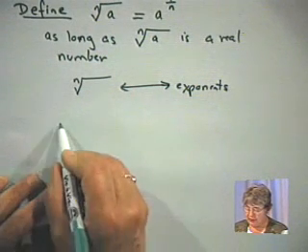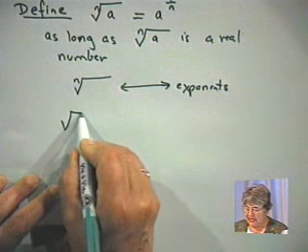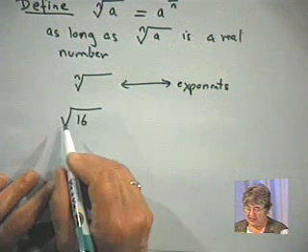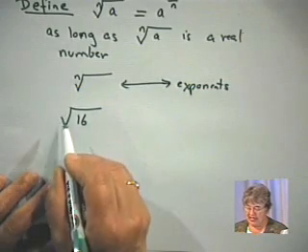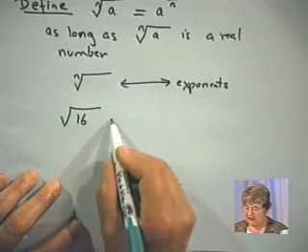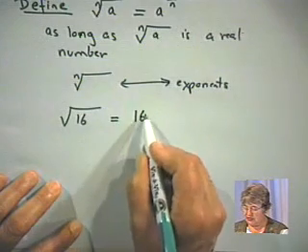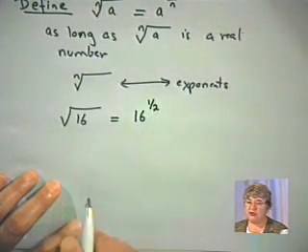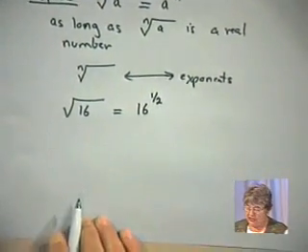On the other hand, if we have, say, 81 to the 1/4 power, we will interpret this to mean that this is the same thing as the 4th root of 81. If we were to break up 81, as you know, 81 is 3 times 3 times 3 times 3.